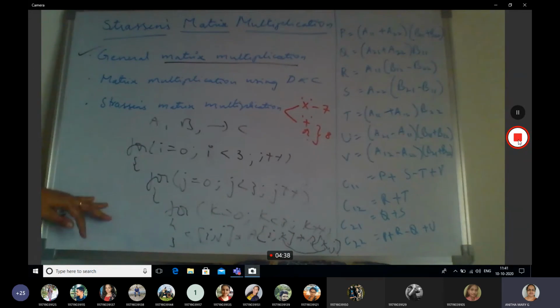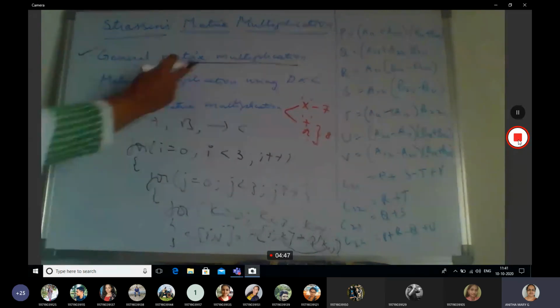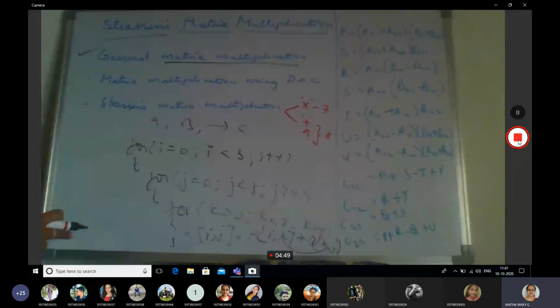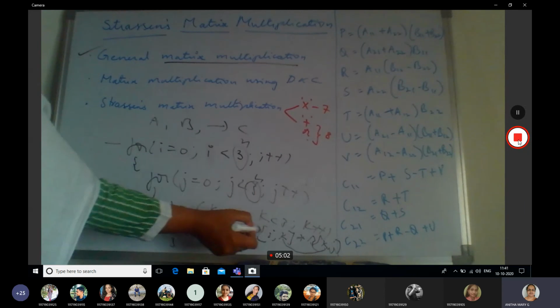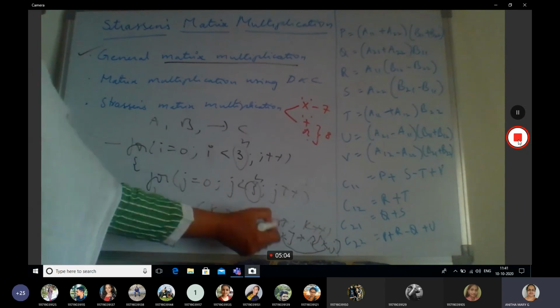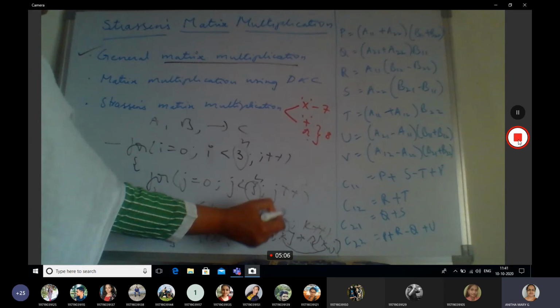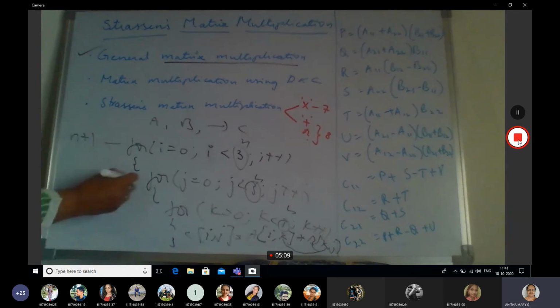So why am I writing this block of code? This code you would actually write in C or C++. But here, when I want to take the general matrix multiplication time complexity, how do we write the time complexity? For every for loop, take this as some n. Then this loop will iterate n plus 1 times, and this is n and this is n.